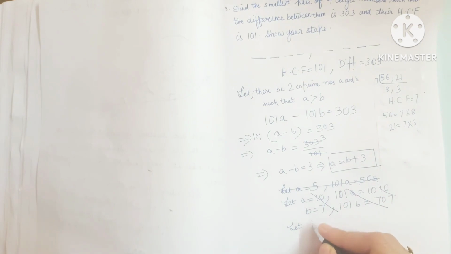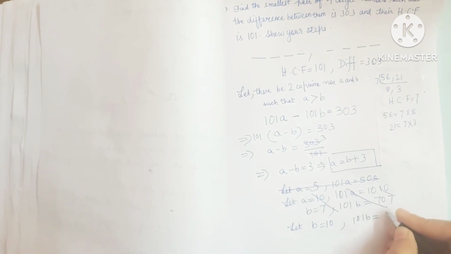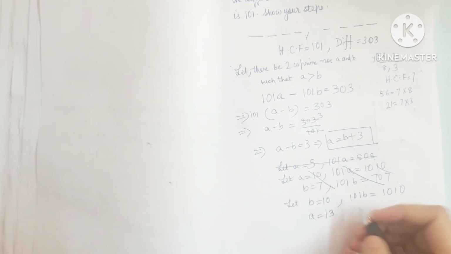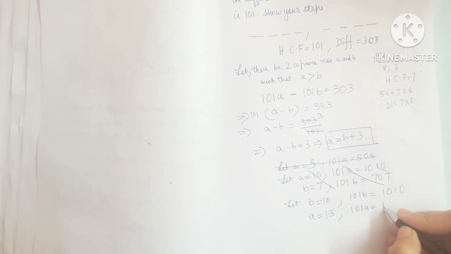So let B equal 10. If B becomes 10, 101B will become 1010. Then what will A be? A will be 10 plus 3, so A will become 13. Then 101A will be how much? 101 multiplied by 13 will be 1313.